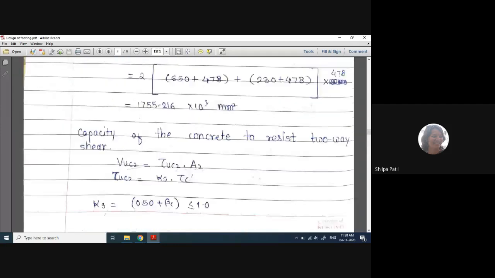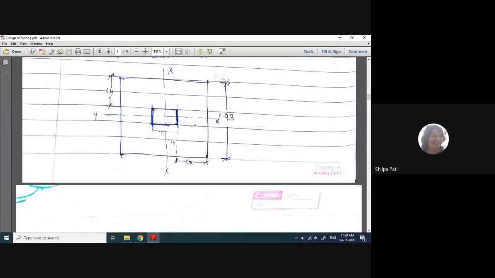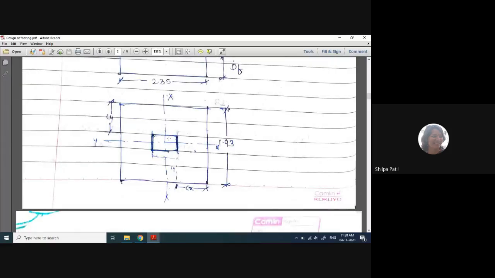So I will go back to the diagram now. If we consider this cross section or the top view of the footing, this is the x-axis and this is the y-axis. X-axis is considered according to the axis of the column. Now, how to consider these axes for column? X-axis is always perpendicular to the depth of the column.